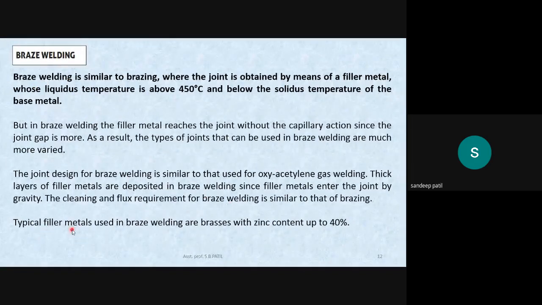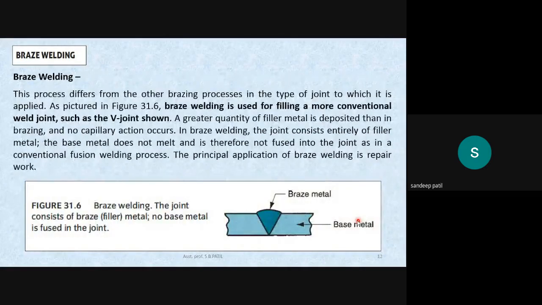Typical filler metals used in braze welding are brasses with zinc up to 40%. This process differs from the other brazing processes in the type of joint to which it is applied. Braze welding is used for filling a more conventional weld joint, such as the V joint shown.